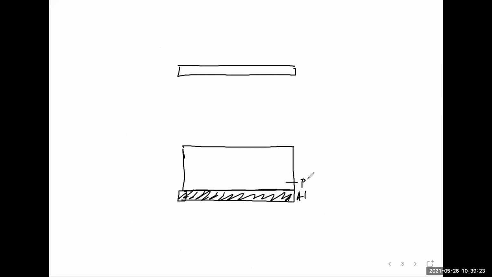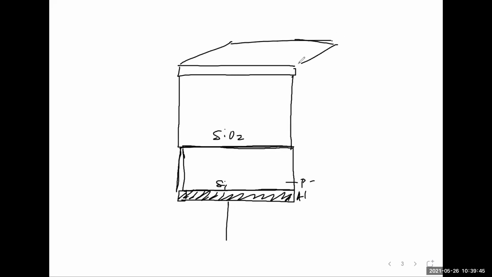This is P minus in the sense that lightly doped silicon. So this is silicon. And then let's say I fill this with silicon dioxide, SiO2. And so this is a metal plate, obviously, and this whole thing is silicon dioxide. So that's your structure.